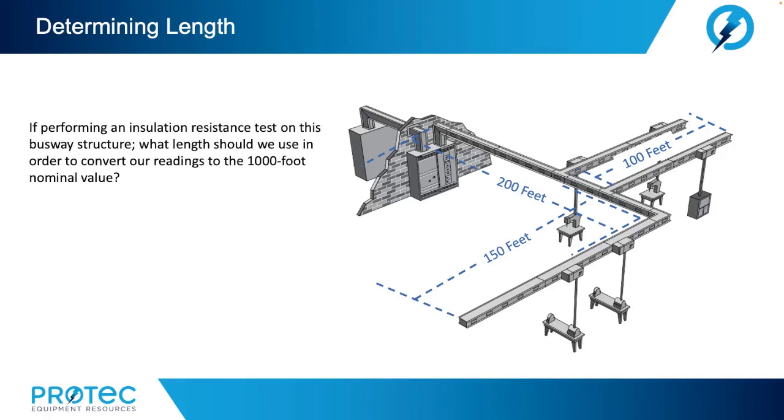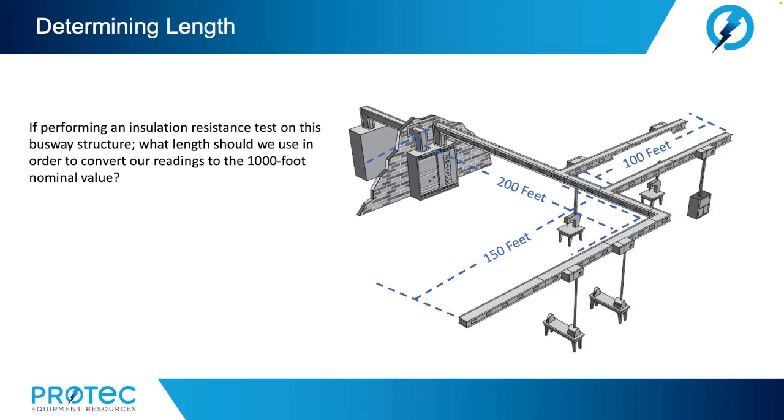Now let's talk a little bit about determining length. If performing an insulation resistance test on this busway structure, what length would we use in order to convert our readings to the 1,000 foot nominal value? So we've got 200 feet going out from the gear.